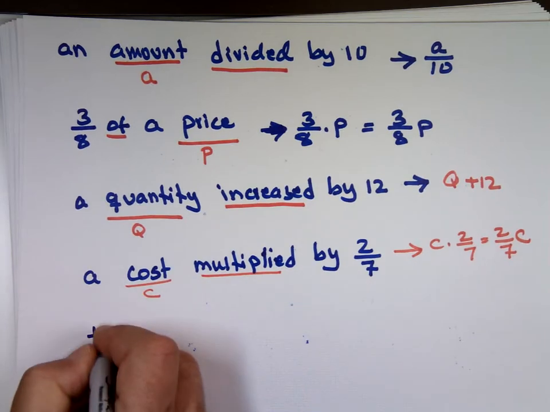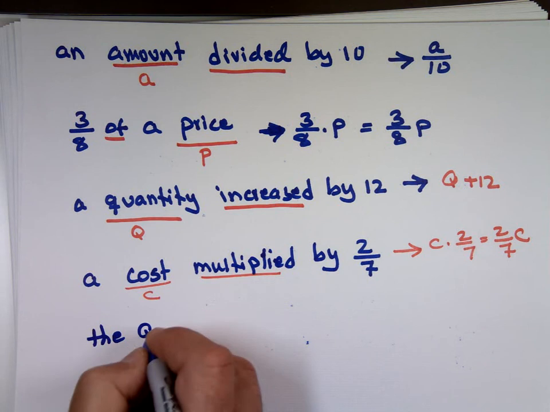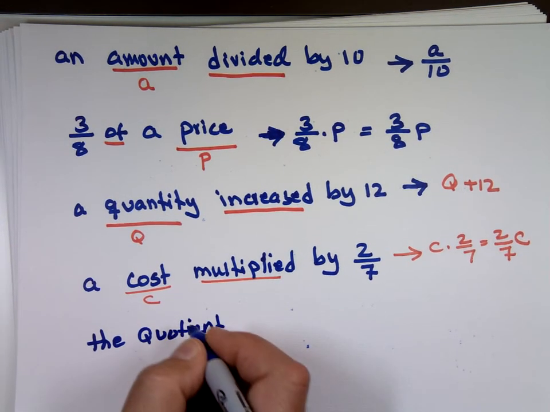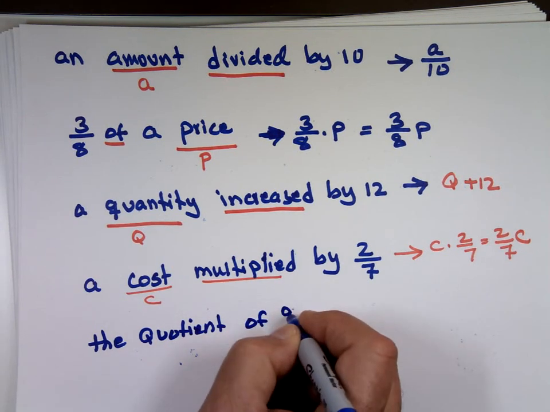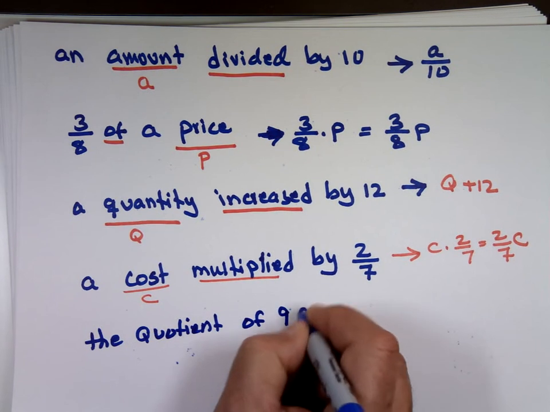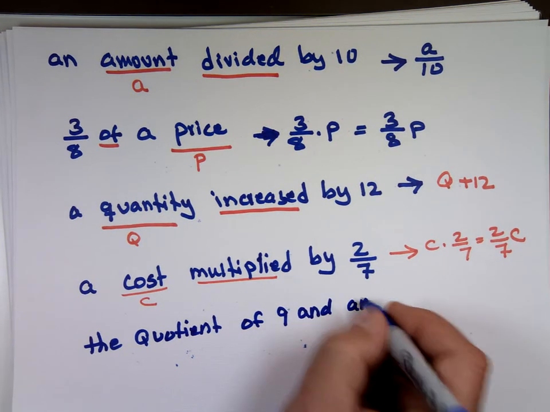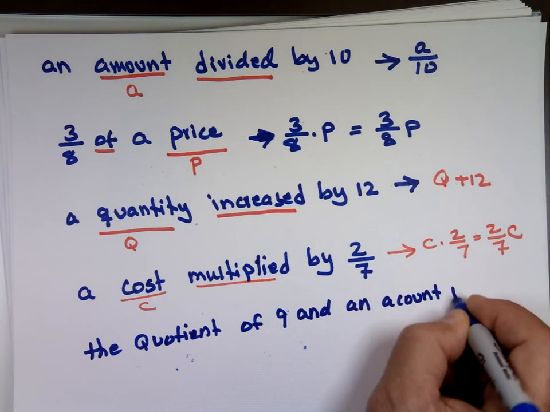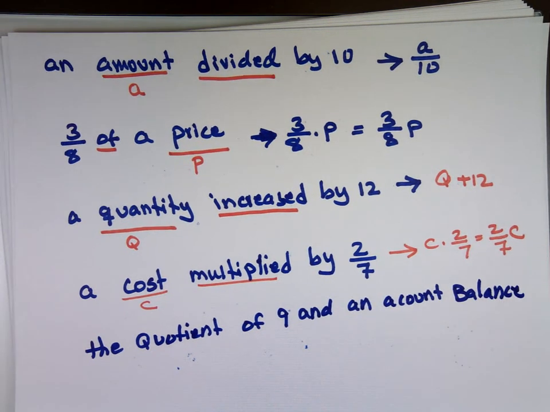The quotient of 9 and an account balance. What are we going to use?